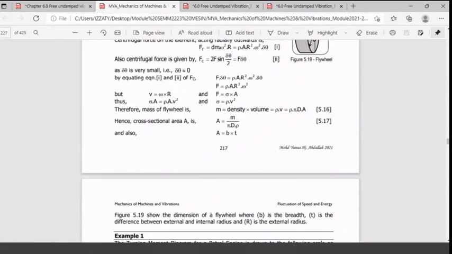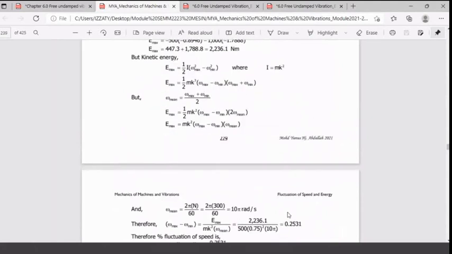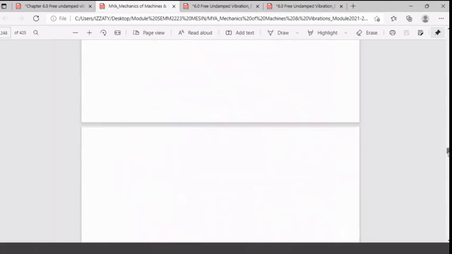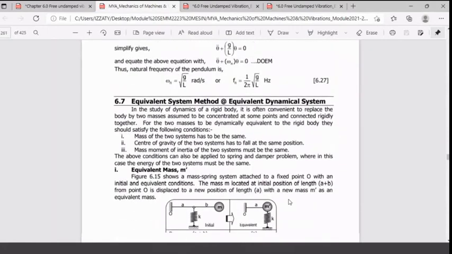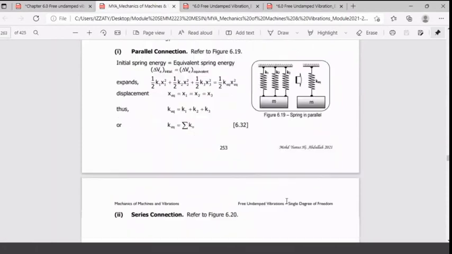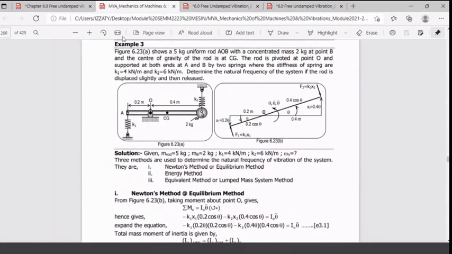Better that I do another equation which is not in your notes. So you have this one on page 257. We did this one earlier and completed it, and then we moved to this one. We already did this one. Then here, this is the solution that we are going to look for.